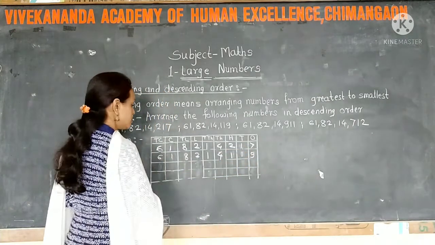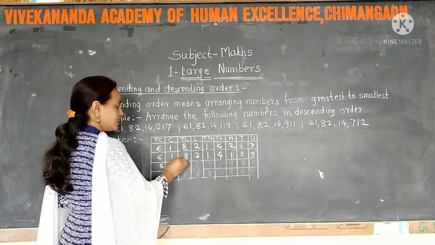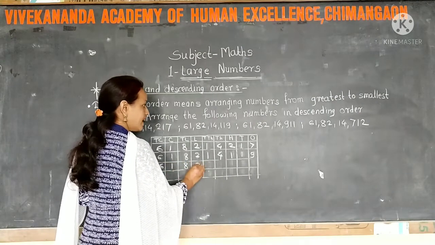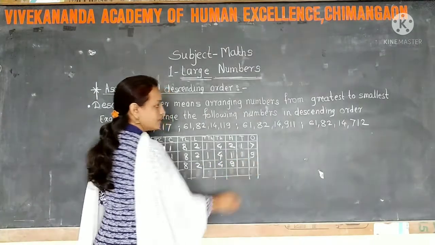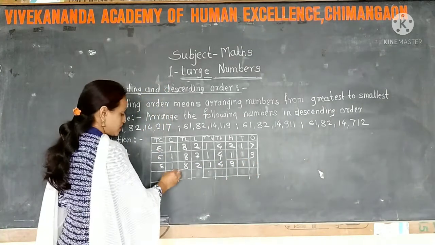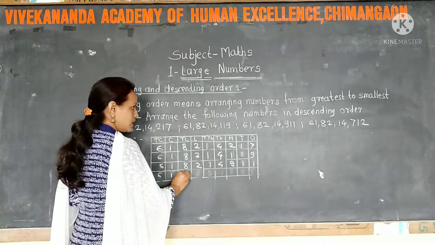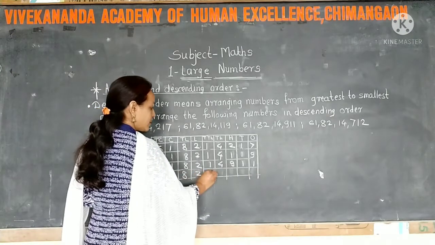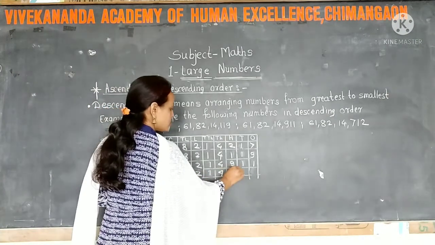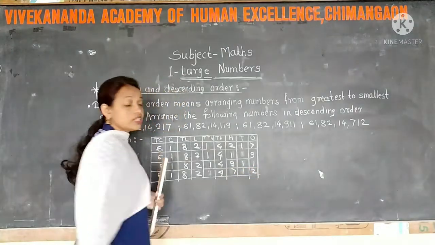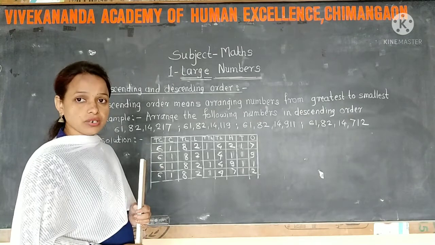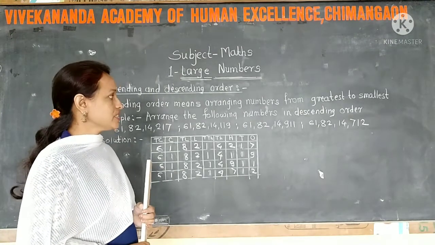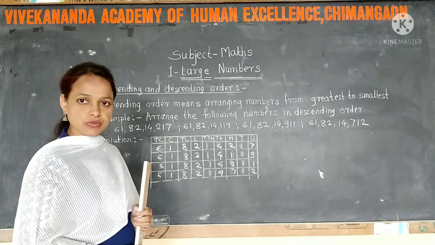Third number 61 crore 82 lakh 14,911. And fourth number 61 crore 82 lakh 14,712. Now first of all, we have to compare this given 4 number and then we have to arrange the given number from greatest to smallest.